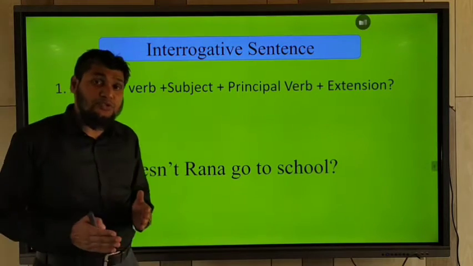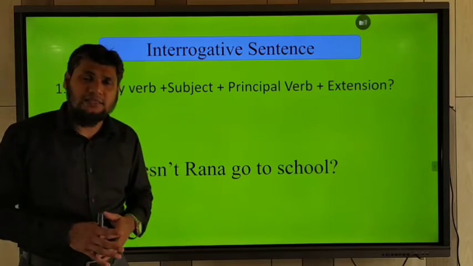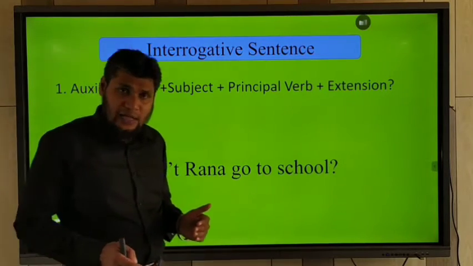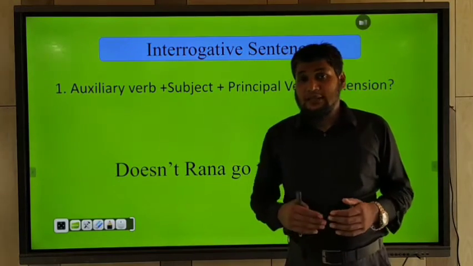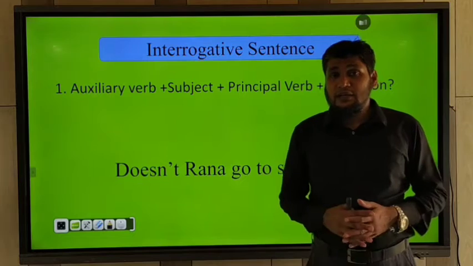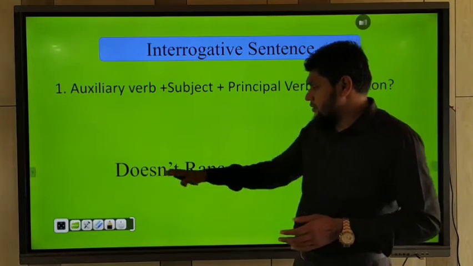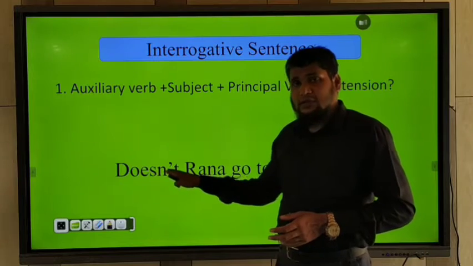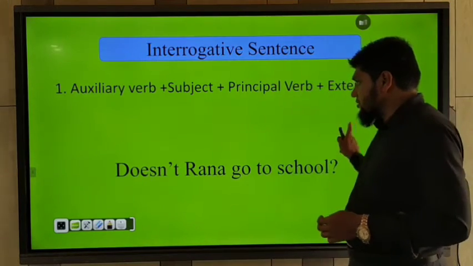Otherwise, you should use do. If the assertive sentence is in affirmative form, you should transform it into the negative interrogative form. That's why I use not here, doesn't. Understand?